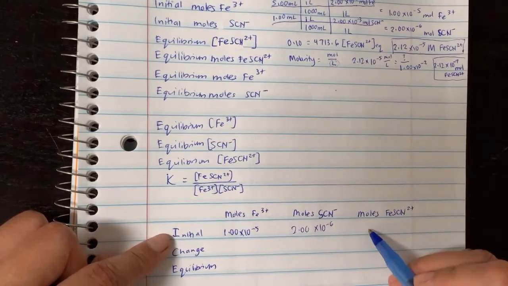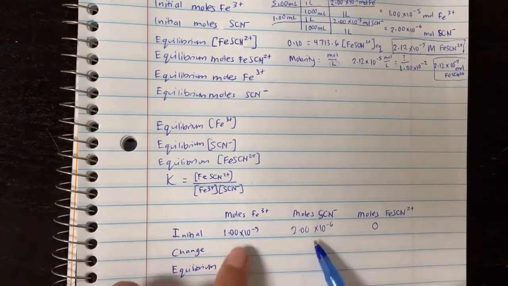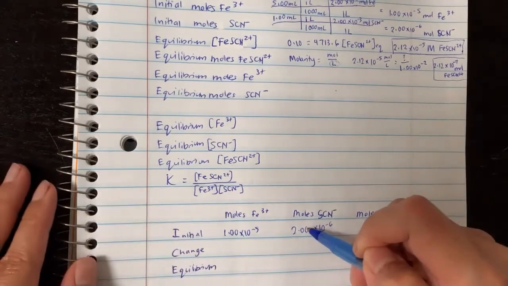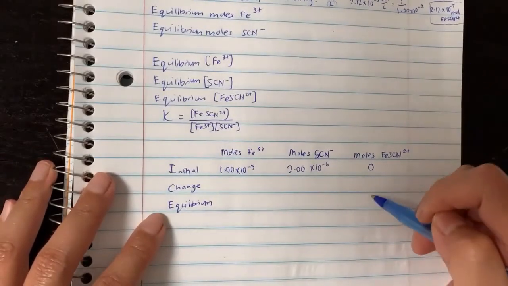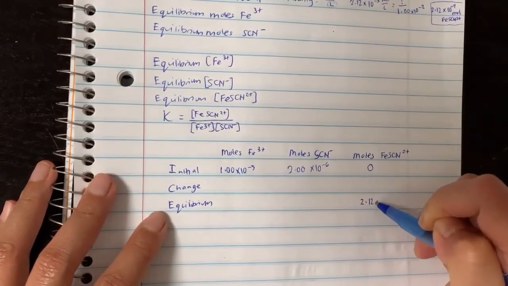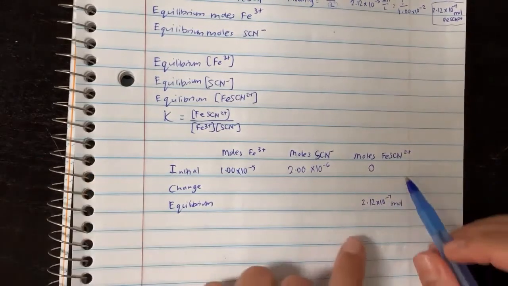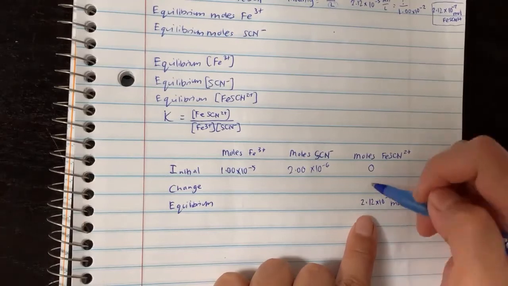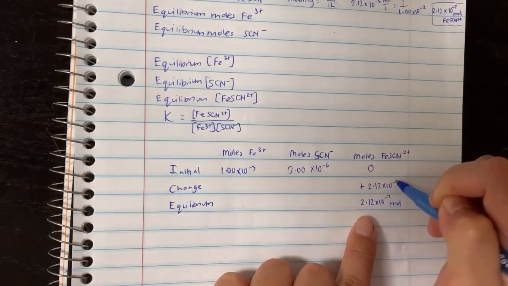And then moles of FeSCN, we didn't put any at the beginning because these are your two reactants, okay? So initially that one was 0, but at equilibrium we found out that it had a certain number of moles. It was 2.12 times 10 to the minus 7 moles, okay? So this guy went from 0 to that number. That means the change for the product is going up by 2.12 times 10 to the minus 7.